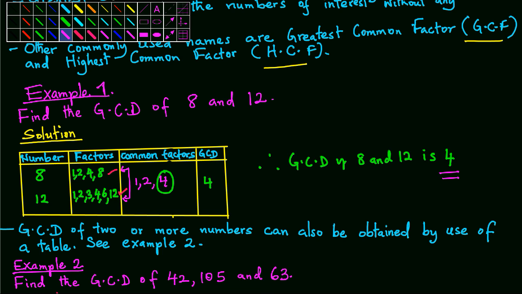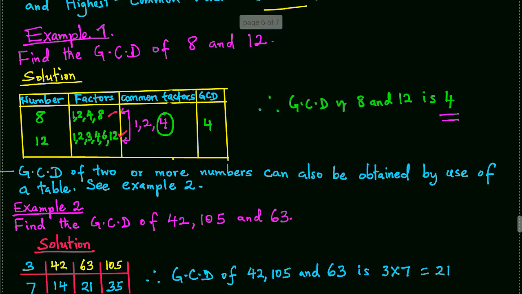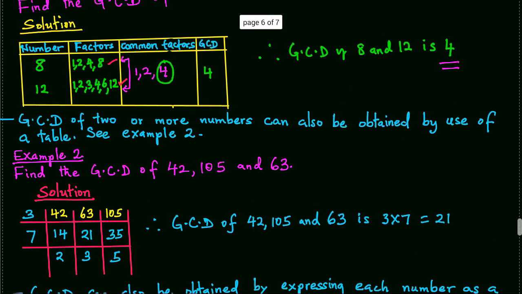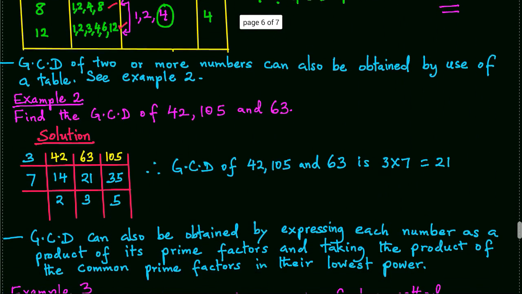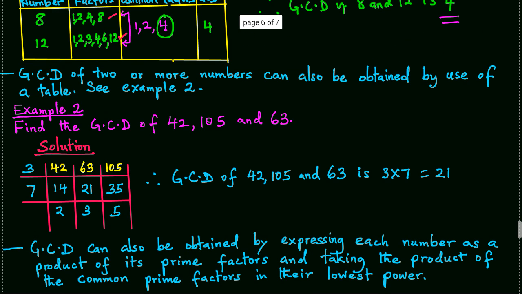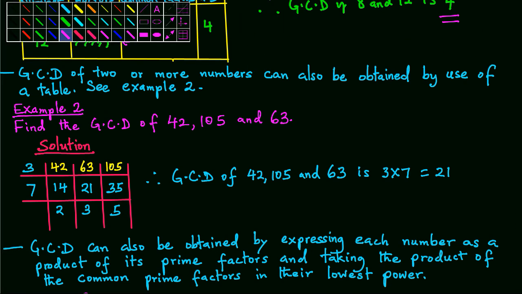Now, another method which can be used to obtain GCD of 2 or more numbers is the table format. So let's look at example 2. We want to obtain the GCD of 42, 105, and 63.